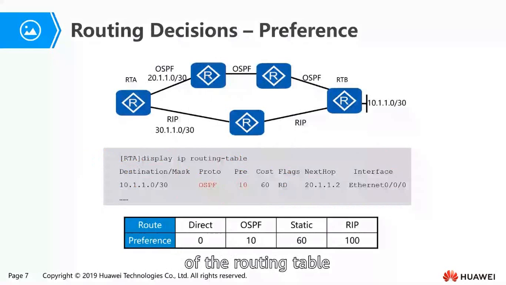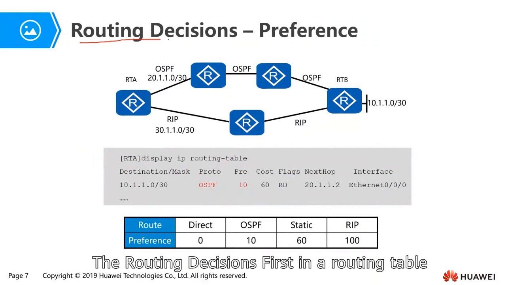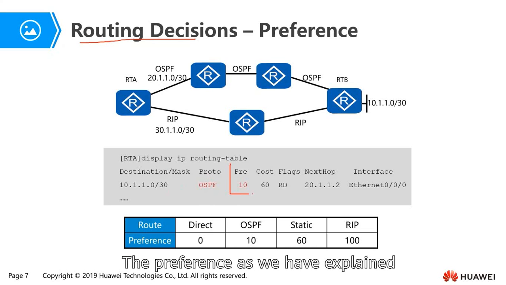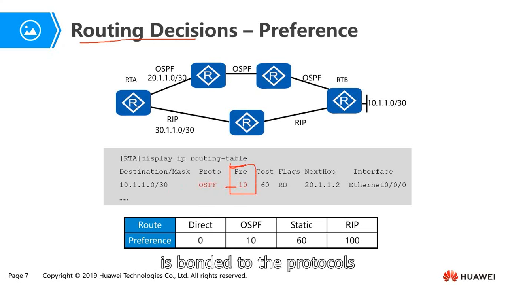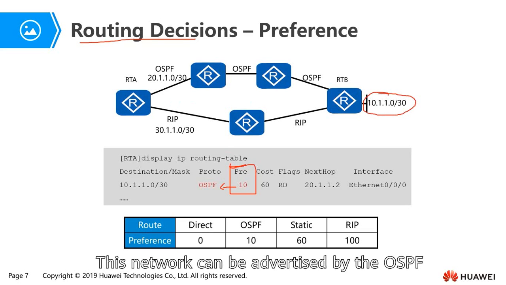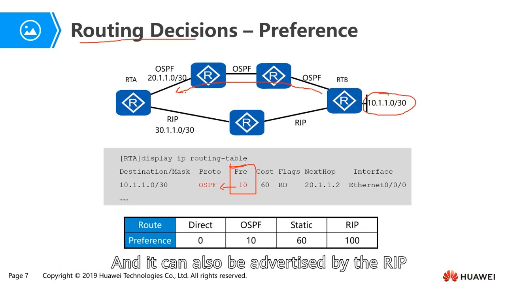Okay, and then routing decisions. First, in the routing table, the preference. The preference is binding to the protocols. In this topology, this network can be advertised by OSPF, and also can be advertised by the loop.